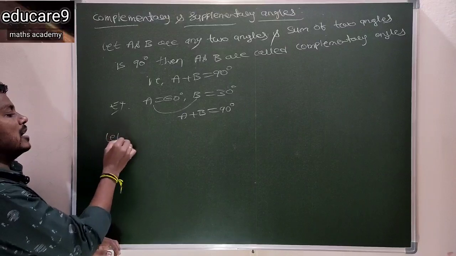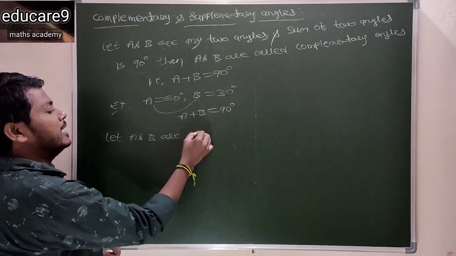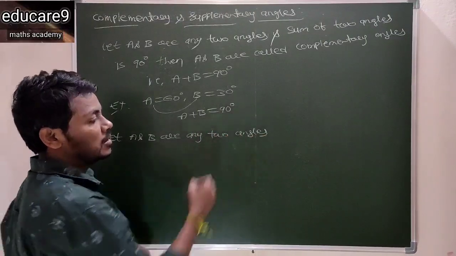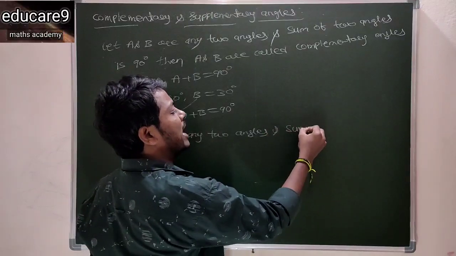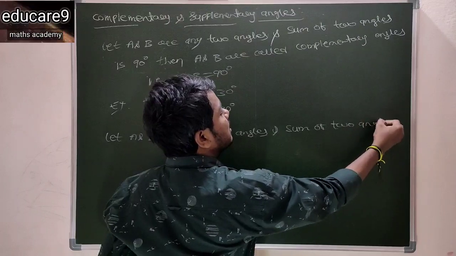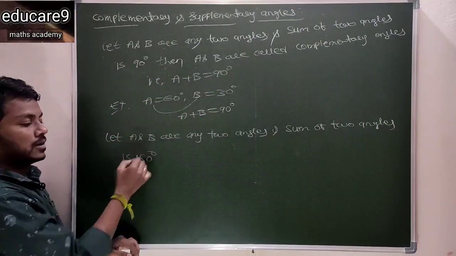So this is the definition of supplementary angles. See here, let A and B be any two angles and the sum of the two angles is 180.